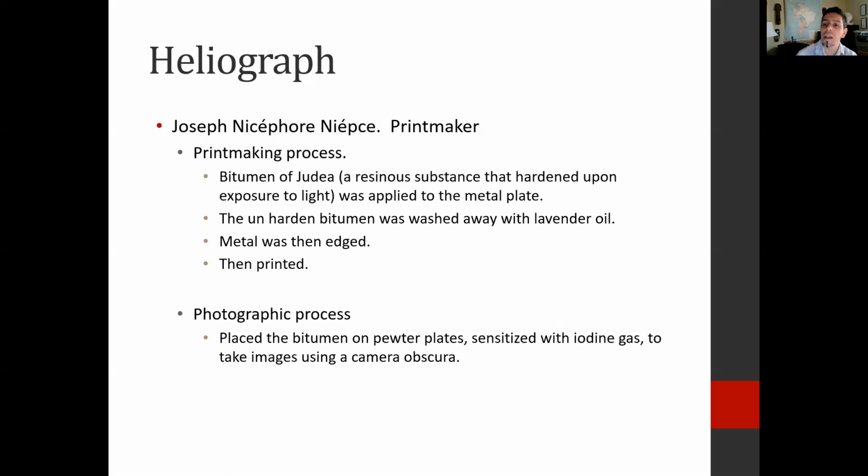So imagine putting the plates on the place where the artist would normally draw, right? So you put the plate on that surface, and then you'll have a chemical reaction where you can see the values basically between darks and lights, and therefore we have kind of a photographic process which we call a heliograph. Helio meaning sun.